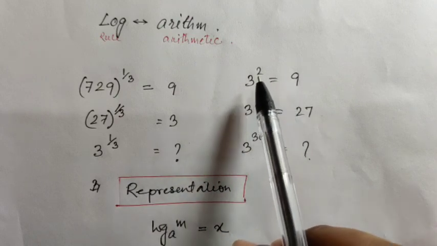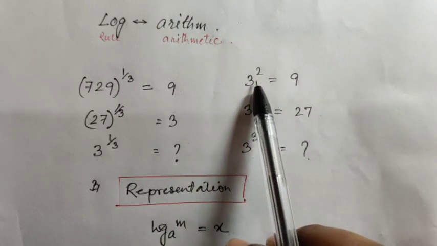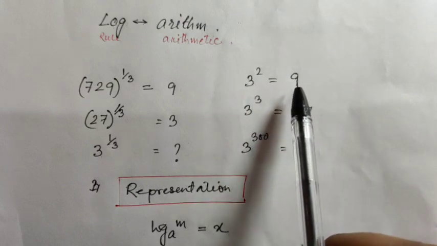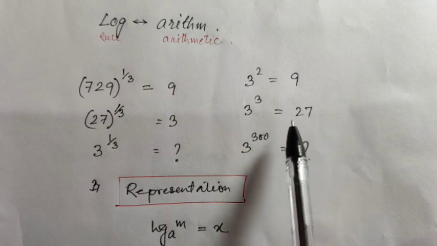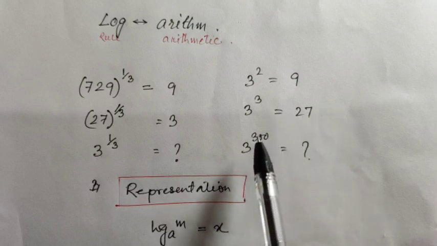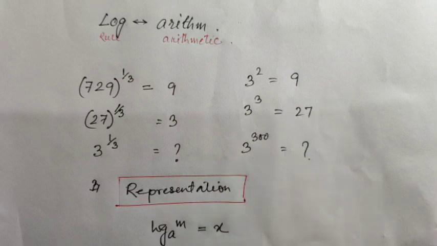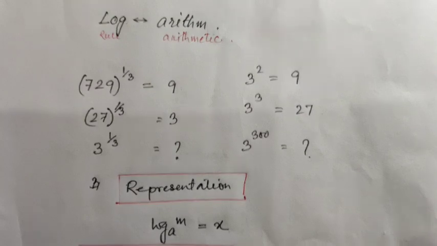Again, let's come to another one. If I say 3 square, you friends will say 9. 3 cube, again you will say 27, but when we say 3 to the power 100, what is the answer? Again question marks. We have the answer, but we don't know the method of calculating. So this type of questions, logarithm normally helps us to find the answer.